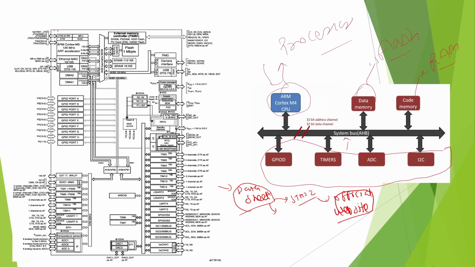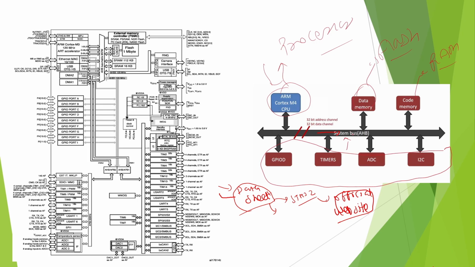This diagram is very important, that you will get in the datasheet of STM32 and on official websites. Basically, the AHB bus is called the system bus. How the peripherals, data memory, and code memories are connected with the system bus.